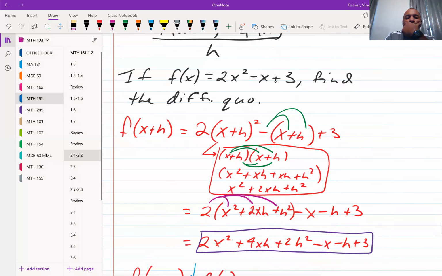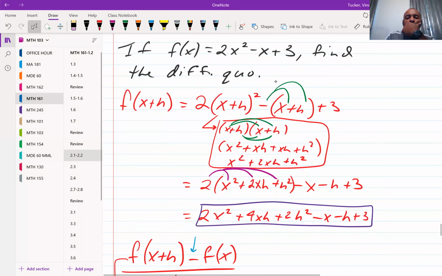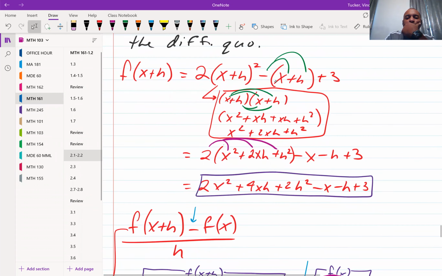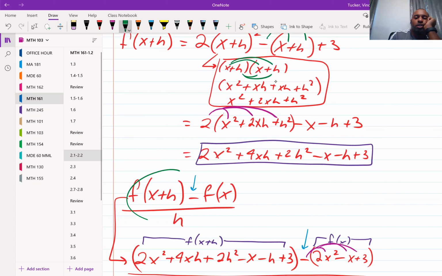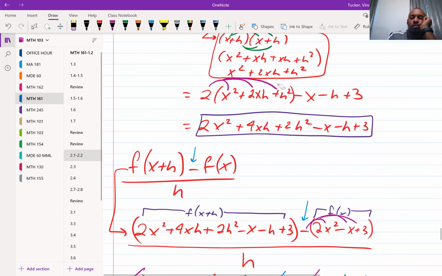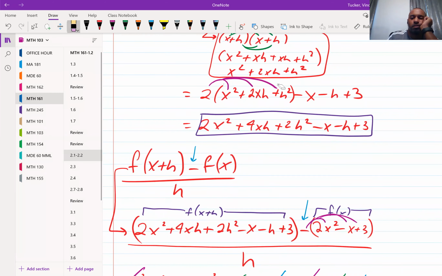All right, everybody good? So now that we have f of x plus h and f of x, we can go ahead and plug it into the difference quotient formula. So you see here we have f of x plus h. Here we have f of x.